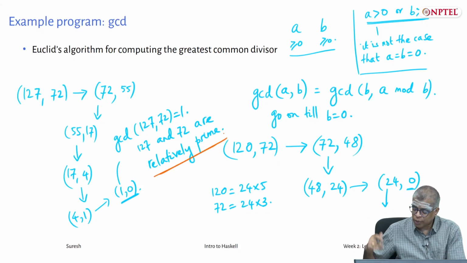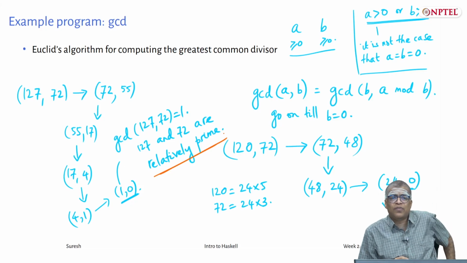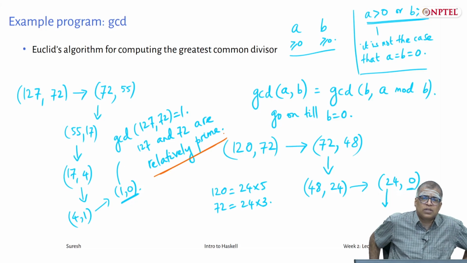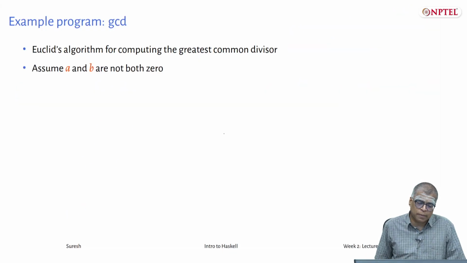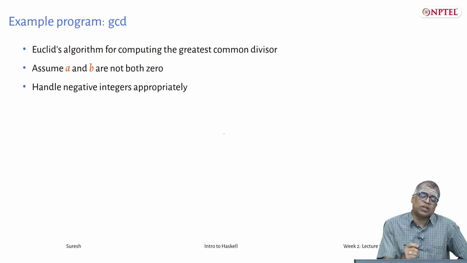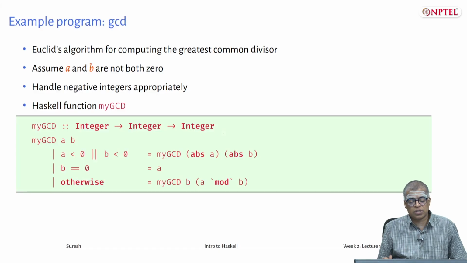Let us try to see how you program this in Haskell. Except of course, in Haskell you have to give the inputs the type int or integer, which means that you also have to handle negative inputs. We will assume that it is not the case that both A and B are 0. We will also handle negative integers.